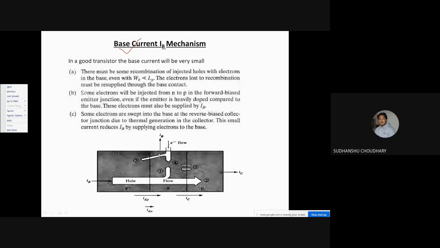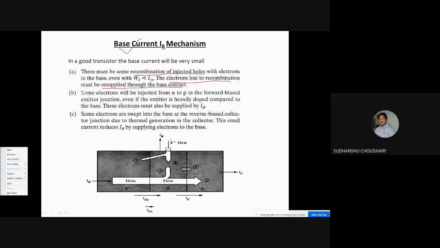The direction of the base current would be out of the base. Okay. So because of recombination of injected holes, that is, the holes recombine with electrons, so electrons are lost in the base. So lost electrons have to be resupplied through the base, and because of which there would be base current.